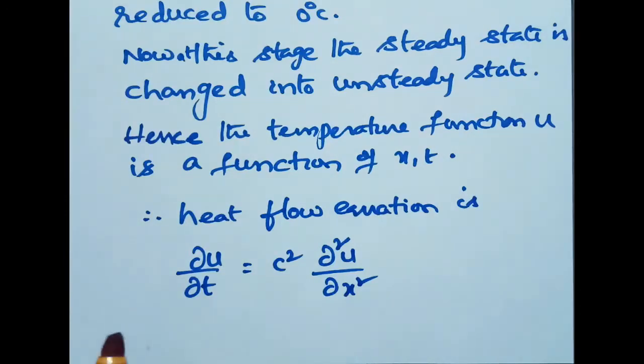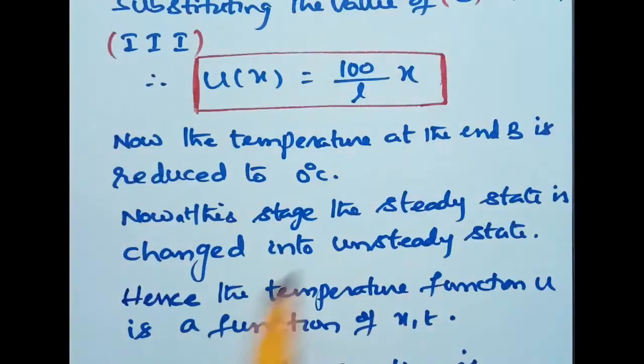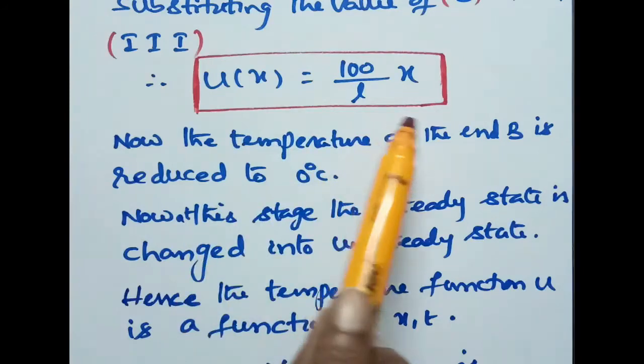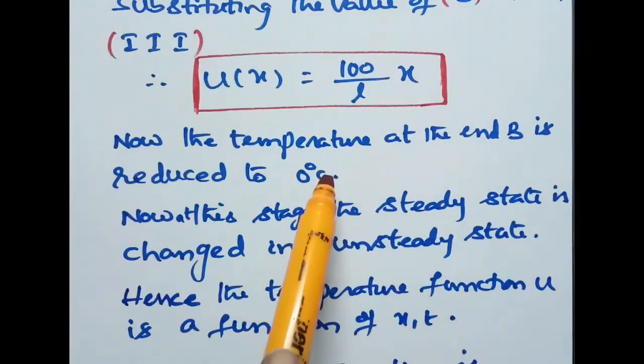Now the boundary and initial conditions. Here the temperature function in the steady state becomes the initial temperature in the rod at time t = 0, because now the steady state becomes unsteady state. Initially, what is the temperature in the rod before the end B is reduced to 0 degrees?